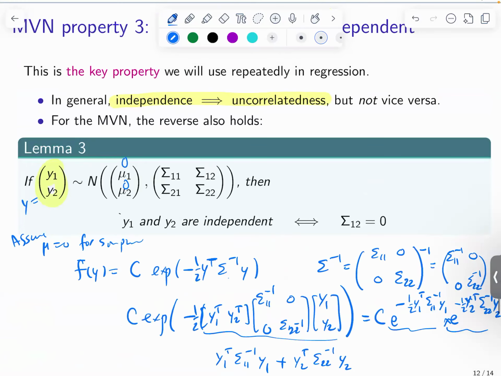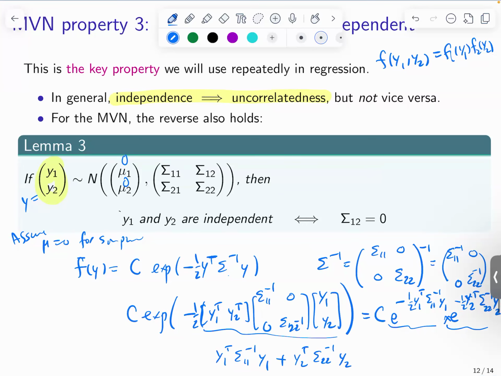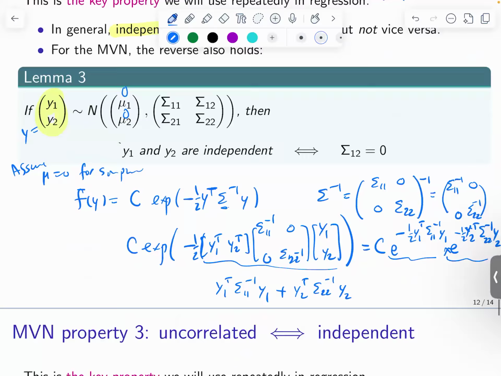So when you have zero cross-covariance, the inverse is block diagonal, and that just transforms into this factorizing. So the density factorizes.